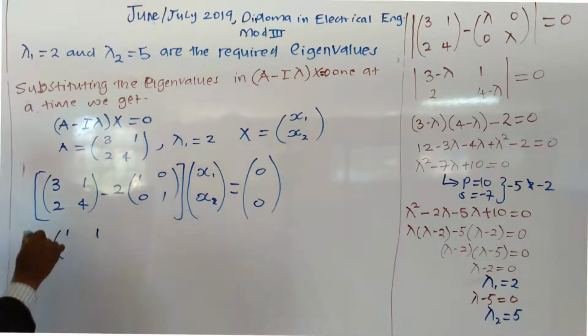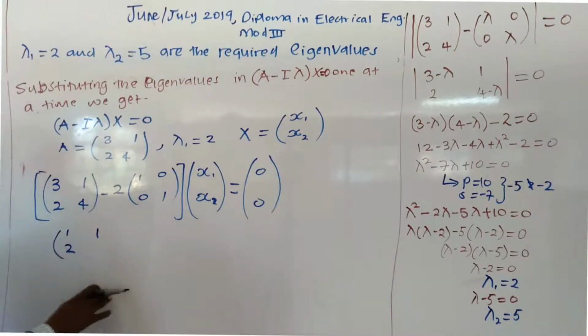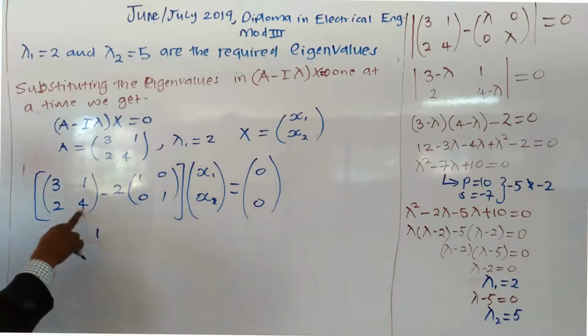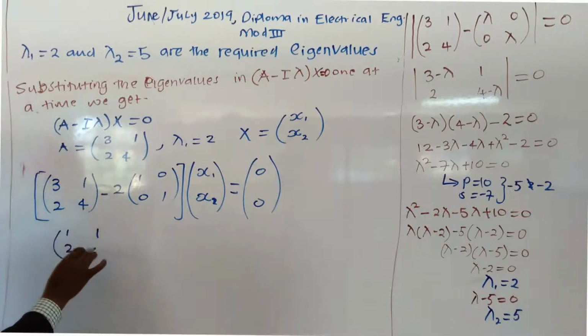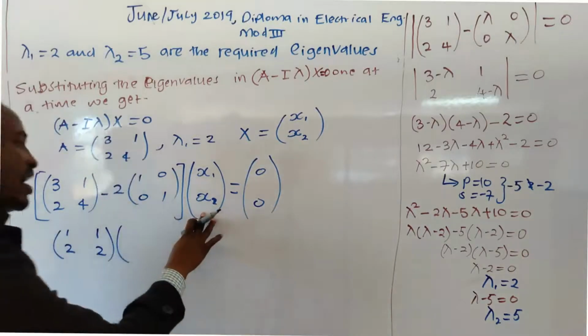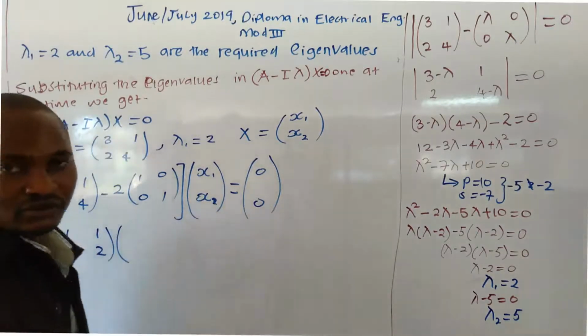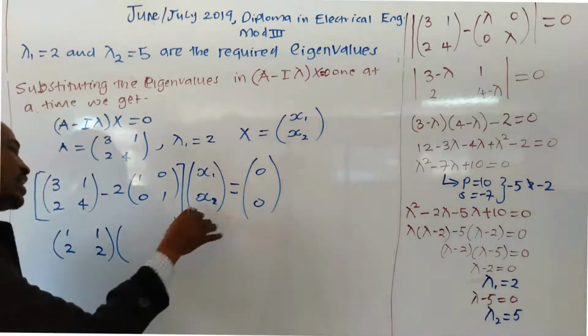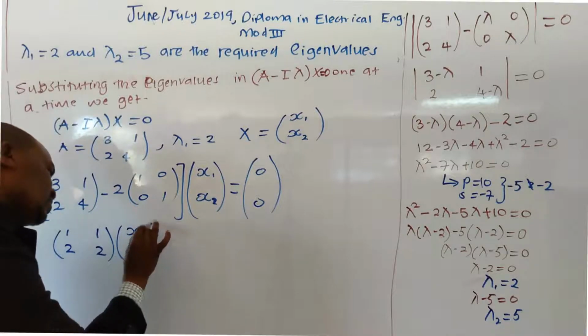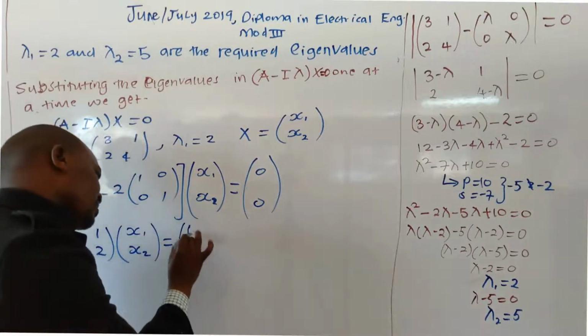Subtract 0 from 2 is 2. 2 times 1 is 2. Subtract 2 from 4, this is 2. Multiplied by the eigenvector here, which we are about to find, or whose value we want to determine. It is x1, x2. Then we equate this one with 0.